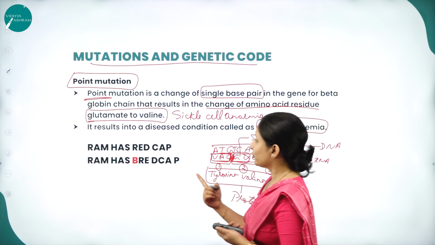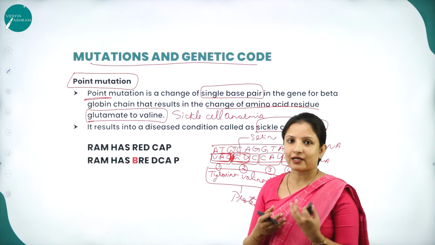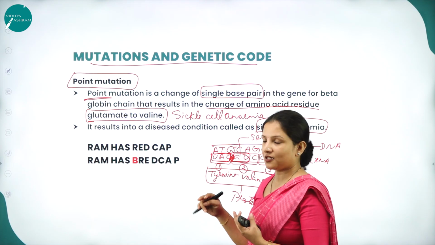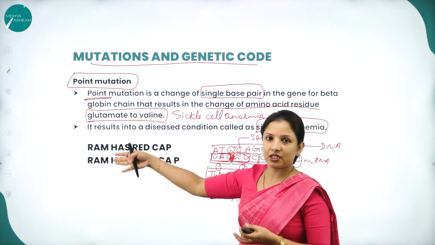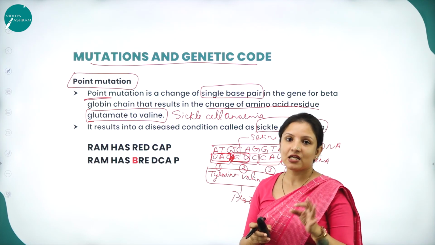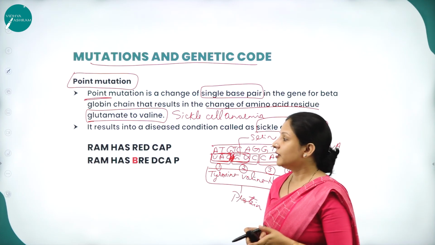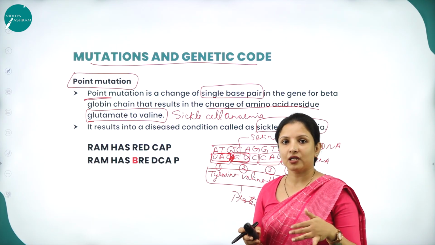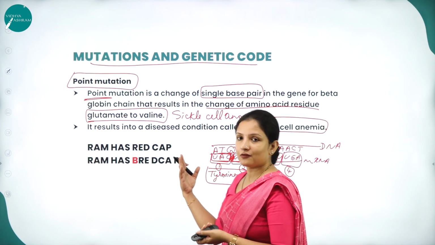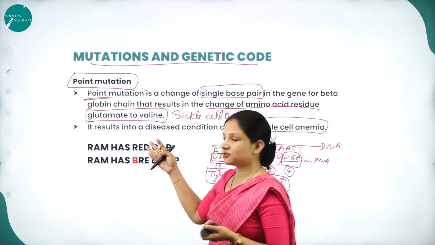Okay, so to make you understand exactly what point mutation is, they have given it in the form of a sentence here. This is not how exactly the DNA strands will look. You will just have A, T, G, C, and nothing else. Or if it is mRNA, we'll have A, U, G and C and nothing else. To make you understand what point mutation is, in the NCERT textbook they have given this.